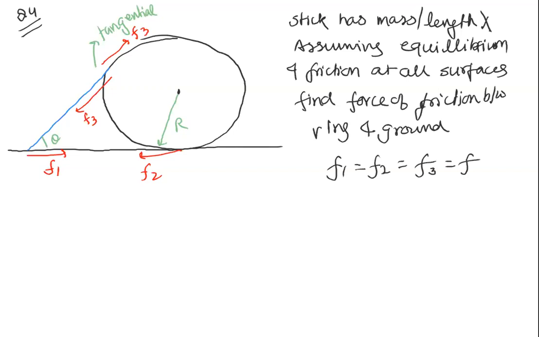Therefore, it produces 0 torque. The mg on the ring is acting through its center of mass, which is the center of the ring. Therefore, that must also produce 0 torque. So which forces are in effect producing a non-zero torque on the ring? Must be F2 and F3.